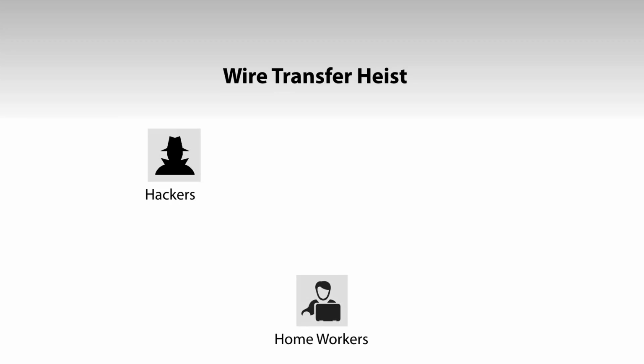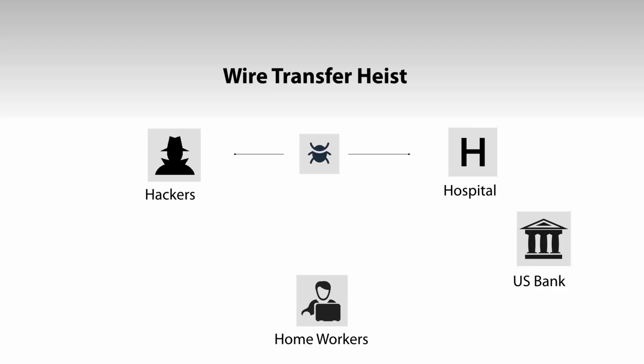In the case of this one hospital, they actually hired 100 home workers in California to work from home, set up some banking accounts, saying you're going to get paid through our bank, but we need to have a banking relationship established ahead of time. And you'll be receiving some information and more money, so we need to work this out. The hospital then is identified, email set up to get the malware installed, compromise happens, hackers are in place, and they start going to town.